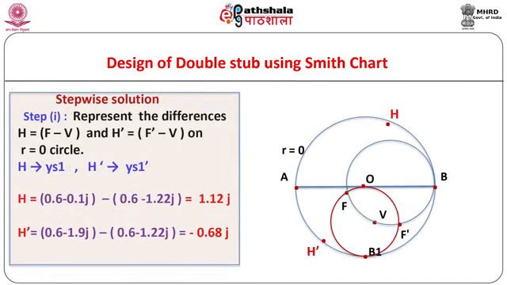Calculate and represent the difference F minus V by point H on the r equal to 0 circle. Similarly, calculate and represent the difference F dash minus V by point H dash on the r equal to 0 circle. The points H and H dash are purely imaginary and represent the two values of normalized admittance of the first stub, namely ys1 and ys1 dash respectively.